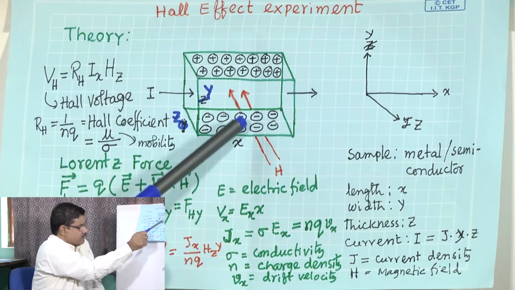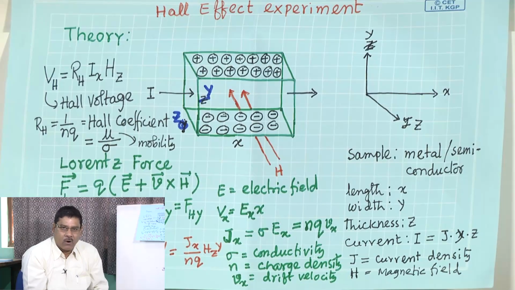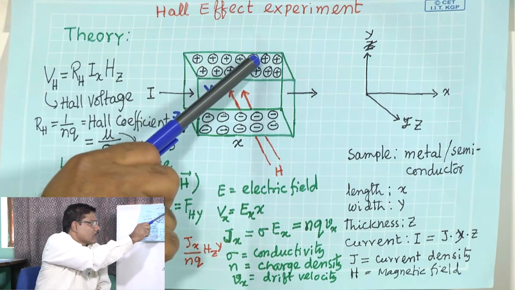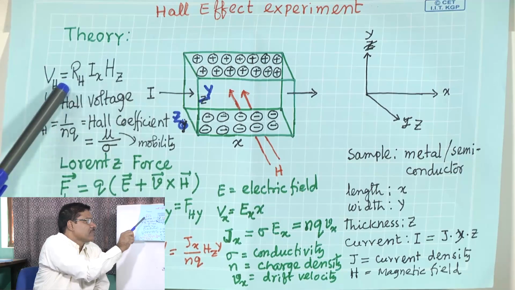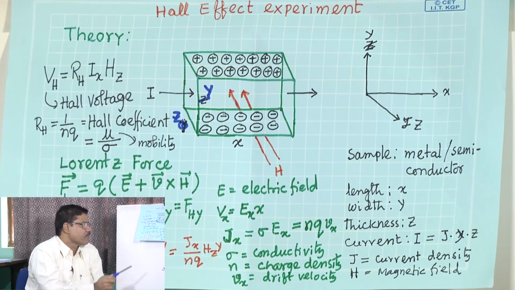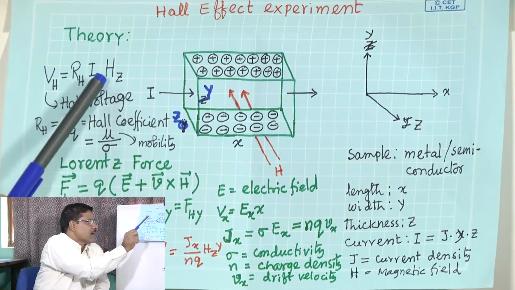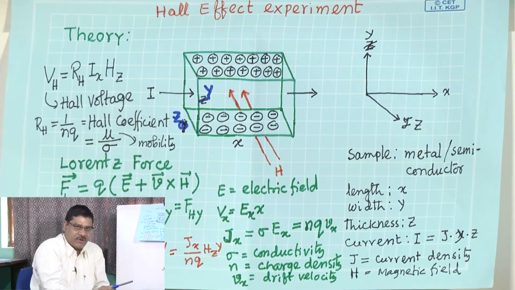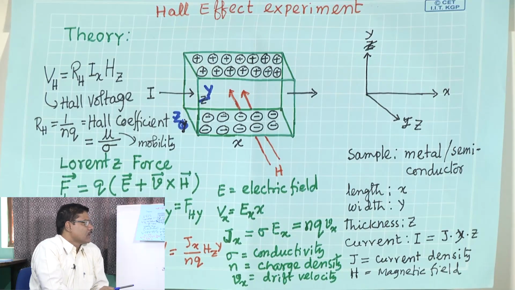That electric field or voltage is called the Hall voltage. This Hall voltage depends on a constant RH called the Hall coefficient, the current along the x direction, which I have written as Ix, and the applied magnetic field along the z direction, Hz.